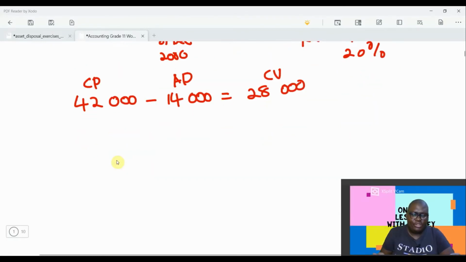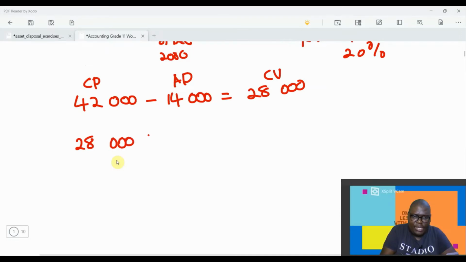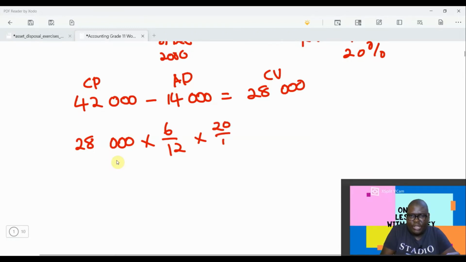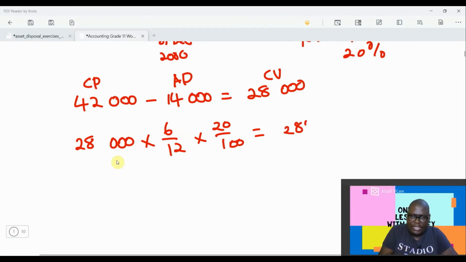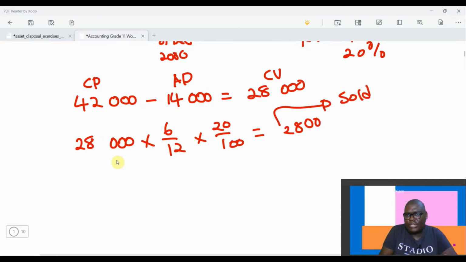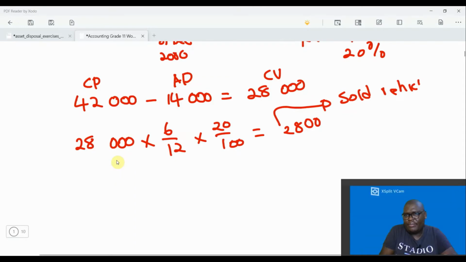Okay, so it's going to be 28,000 multiplied by 6 over 12 multiplied by 20 over 100, and then we'll be given our current depreciation for the sold vehicle. The answer that I'm getting is 2,800. So remember, this is for the sold vehicle.